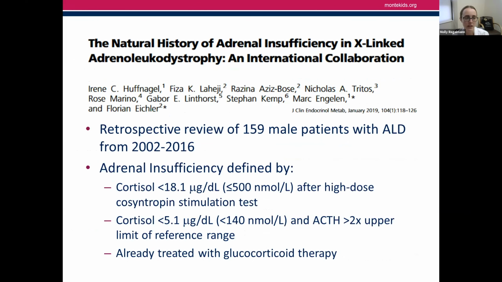The other study that we have is a retrospective study that is out of MGH in the Netherlands, and many people at this conference were involved in this study as well. This was a retrospective review of the charts of 159 men and boys who had ALD.